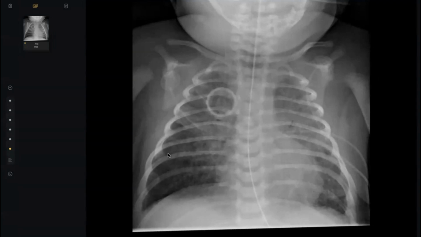There can be pleural effusions as well. What else? This meconium obstructs the bronchi, so subsequently it may be complicated by something. Atelectasis. What else?